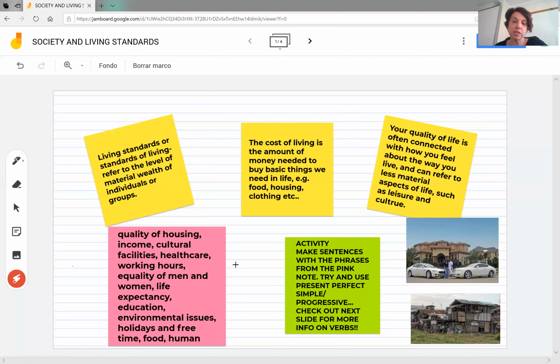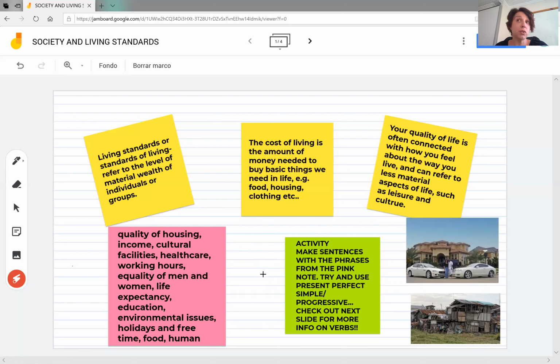Here in the pink post-it, you have some vocabulary and some ideas. And I want you to think about, we've got quality of housing, income. Income is the amount of money that comes into our house. Cultural facilities, which could be museums, libraries, healthcare, working hours.